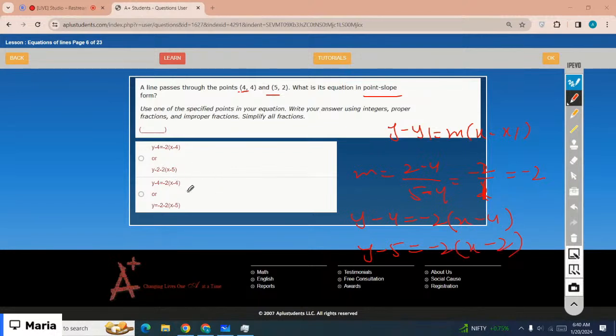So the equation y minus 4 equals negative 2. Option number 1 is the correct option, right? The correct option is option number 1.